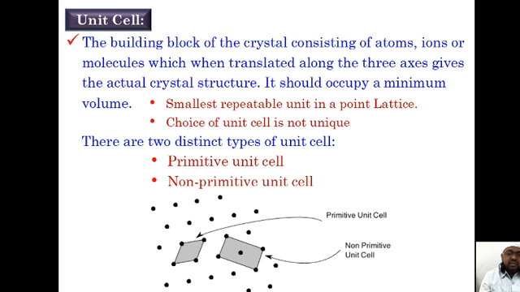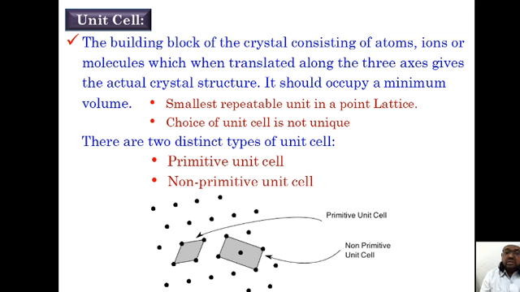In the same manner, if you build up the unit cell, as seen in this schematic diagram, an infinite number of times, whatever structure you obtain is nothing but what we call the crystal structure.